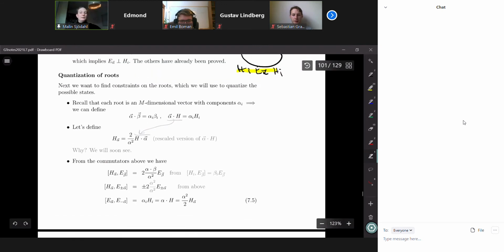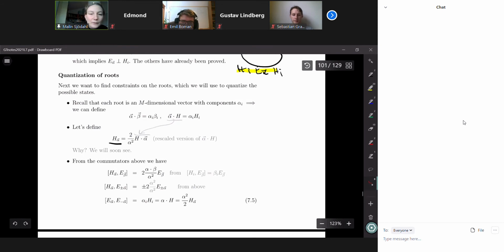Then in terms of this new object H alpha, we can compute H alpha commuted with E beta. One of the relations above was Hi commuted with E beta was beta i E beta. My H alpha is a linear combination of my Hi's.